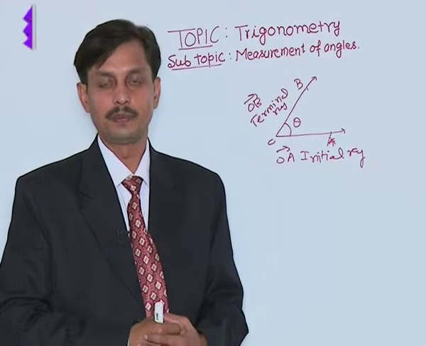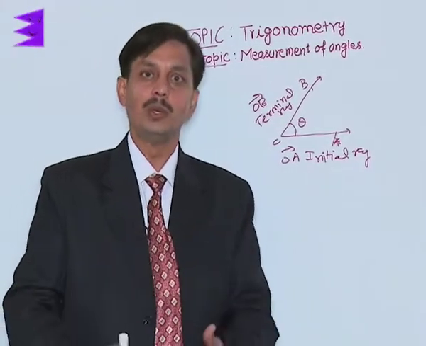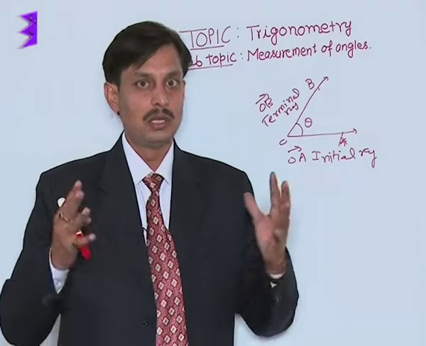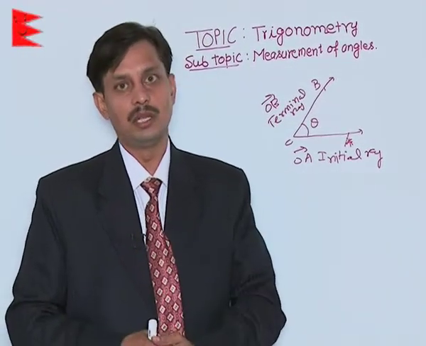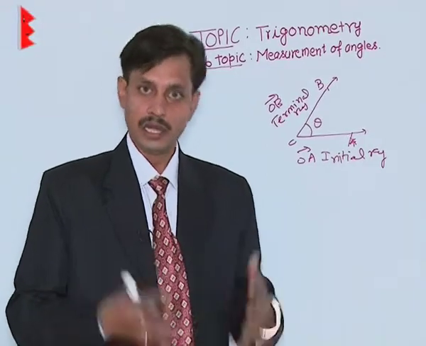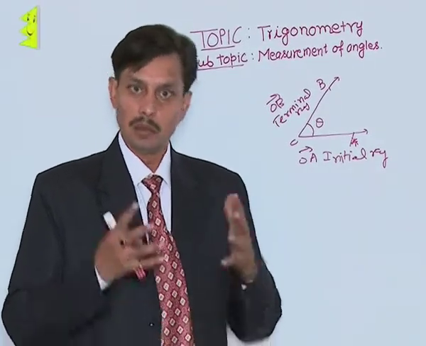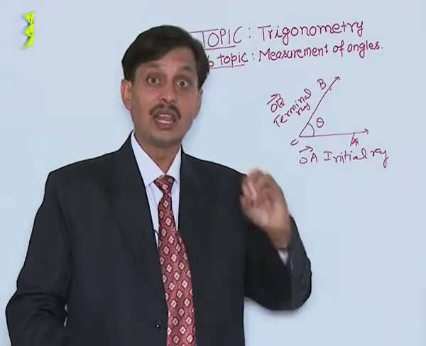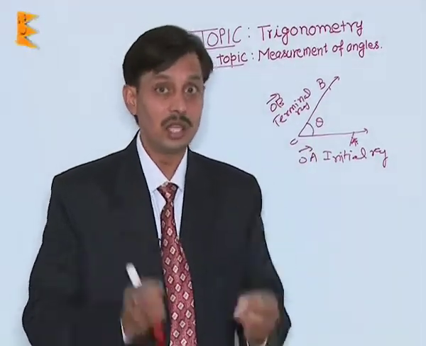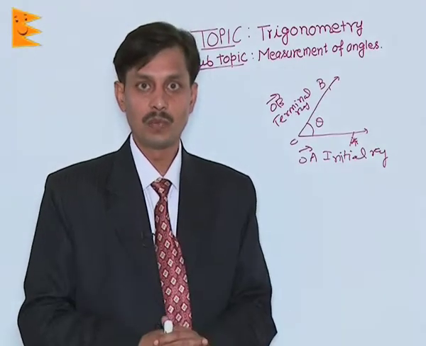As I was telling you about measuring length, it can be measured in centimeter, millimeter, decimeter, hectometer, meter, and so on. Similarly, an angle can also be measured in three different units.